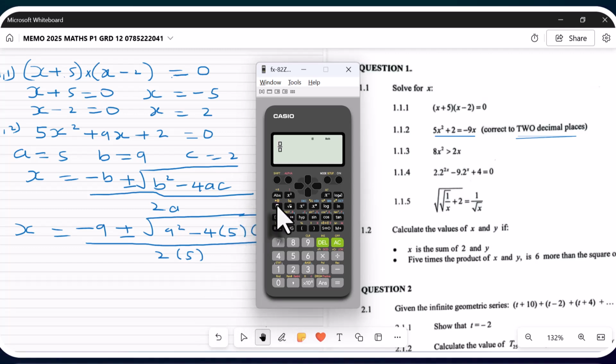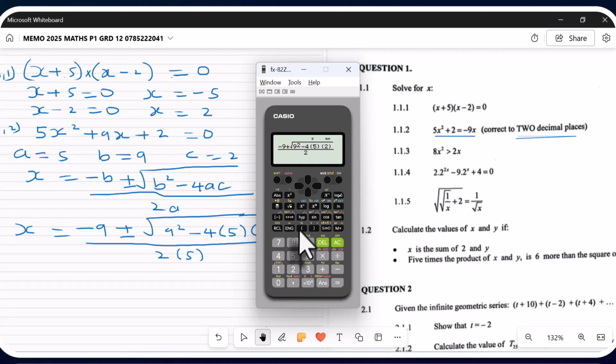We start with the addition sign, so plus the square root of b squared, that means 9 squared, minus 4 multiplied by a, our a is 5, then multiplied by c, our c is a positive 2, close bracket, then divided by 2a, but our a is 5.